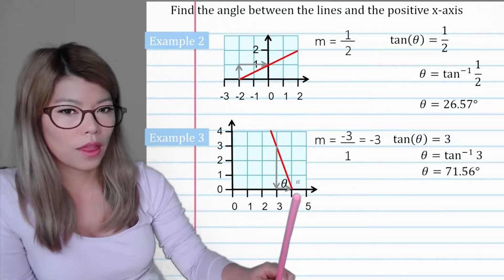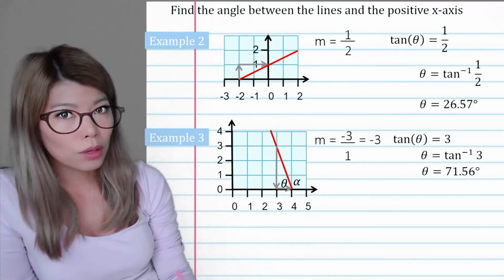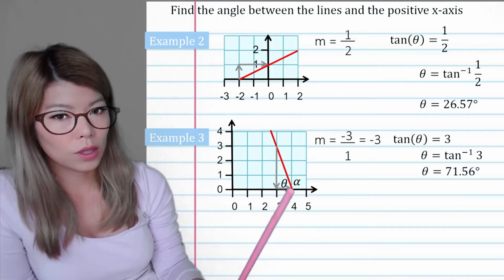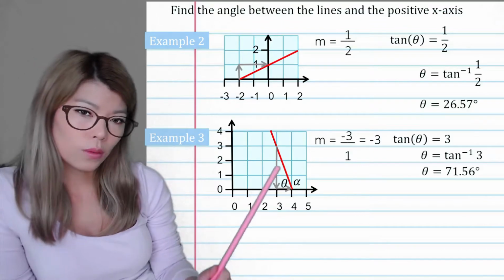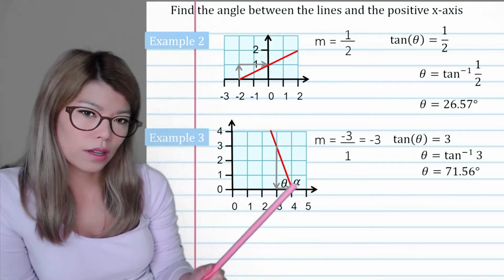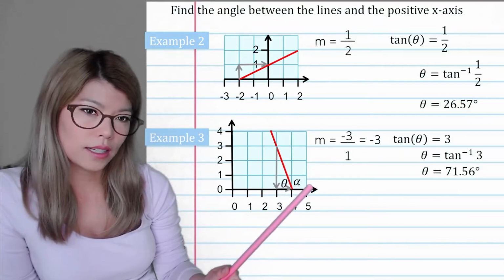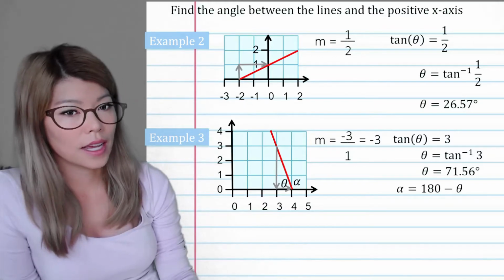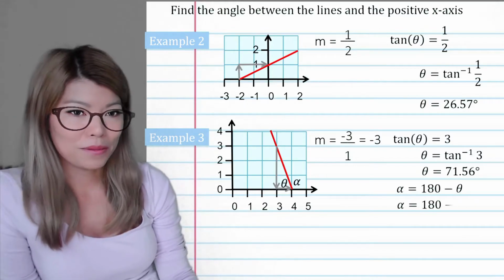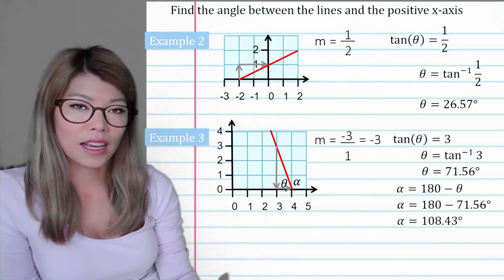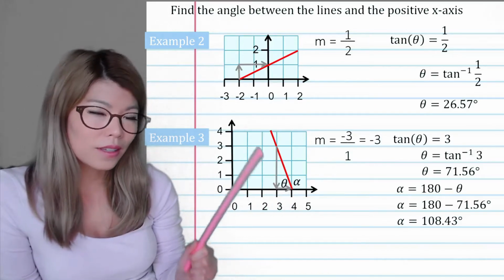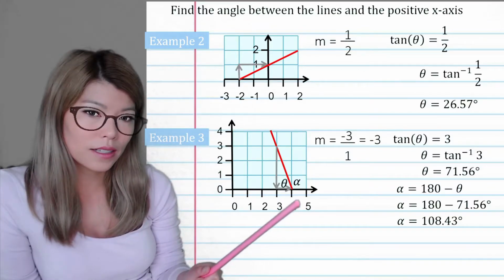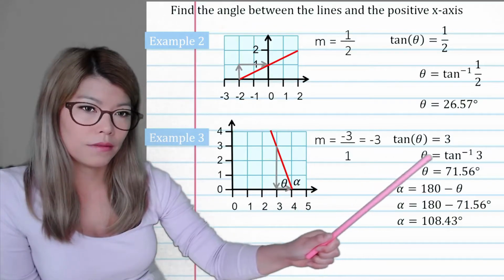So we want that angle, because at the moment theta is the angle between the line and the negative x-axis. So how do we find the angle that we want? Well, we can see that that's 180. So all we have to do is take 180 minus theta, which is 108.43 degrees.